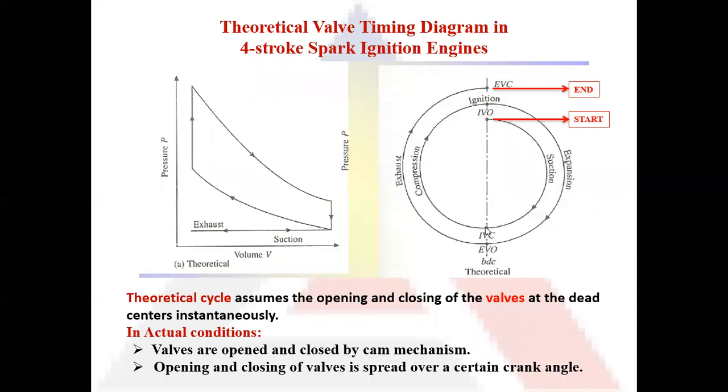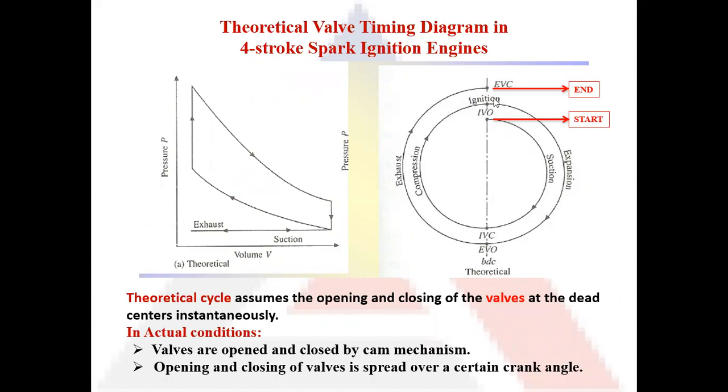After that, when the piston starts to move from the bottom dead center towards the top dead center, both the valves are closed, and the air fuel mixture that is inside starts to compress. So the second stroke is your compression stroke. Now as the piston reaches the top dead center, the spark is ignited.